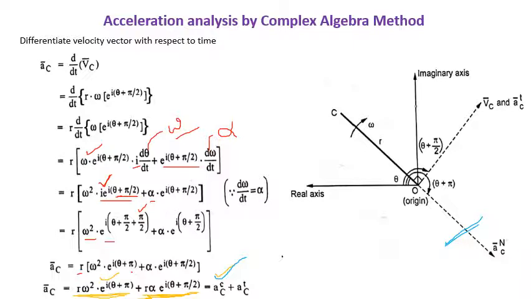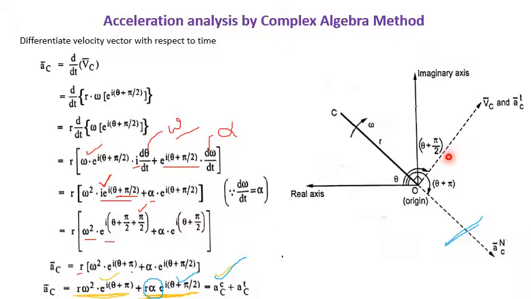Coming to the tangential acceleration, here r alpha represents the magnitude, whereas this is the direction. What is the direction? Theta plus pi by 2. Theta is the initial position of the link, so it is 90 degrees ahead from the initial position, which follows the same line as the velocity. This is nothing but the tangential acceleration.